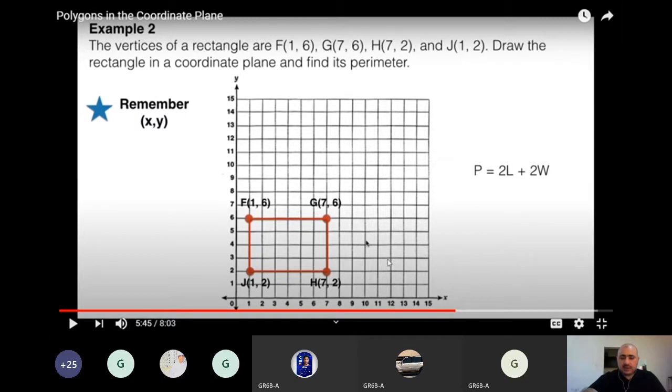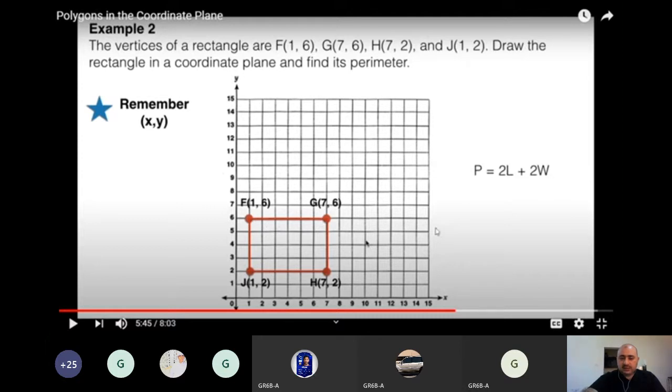We have 2 different methods. For the easy method, we can count 1, 2, 3, 4. We have 4 small squares. Means the length here will be 4. And here we can count 1, 2, 3, 4, 5, 6. So the length here will be 5 units.